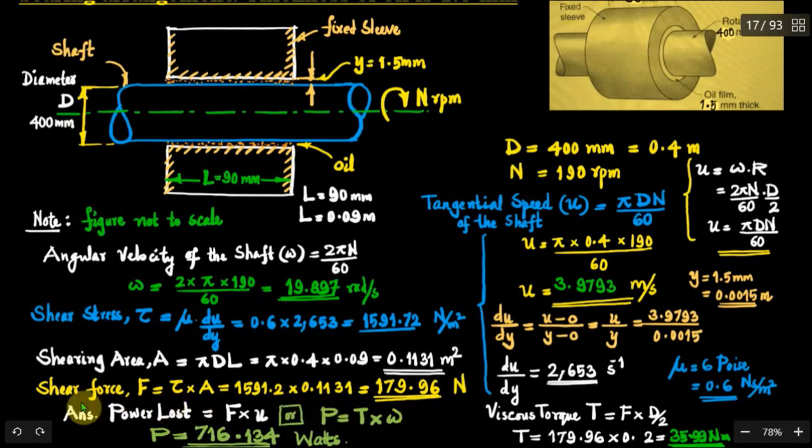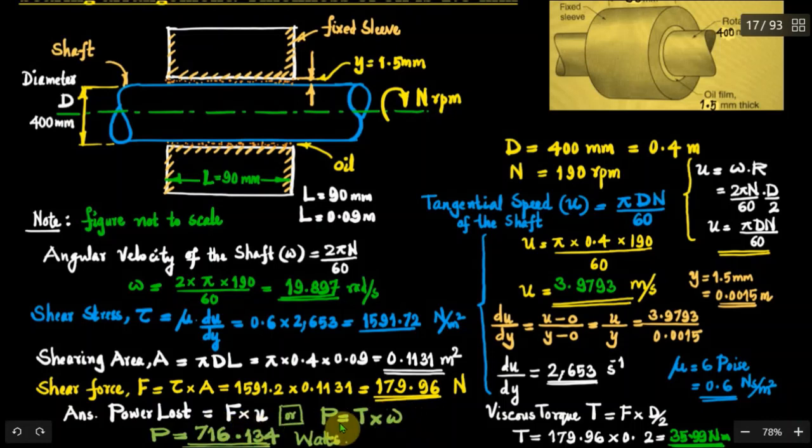Now we are in a position to find out the power lost due to viscous resistance, or power absorbed by the lubricating oil. You have two options to find out the power. Either you can use viscous resistance multiplied by the tangential velocity of the shaft, or you can multiply the viscous torque and the angular velocity of the shaft.